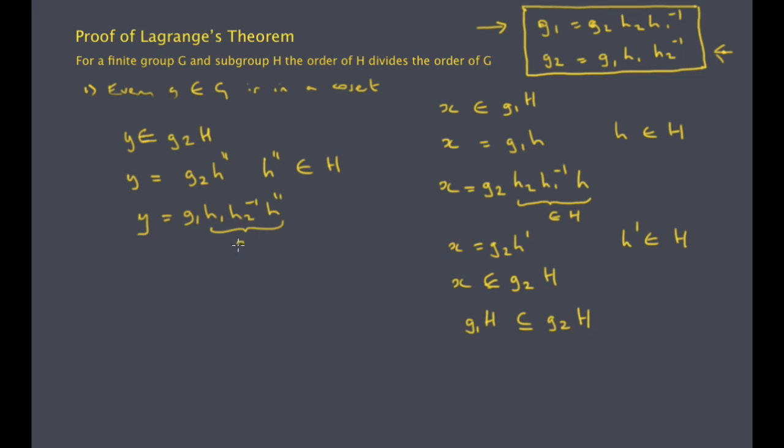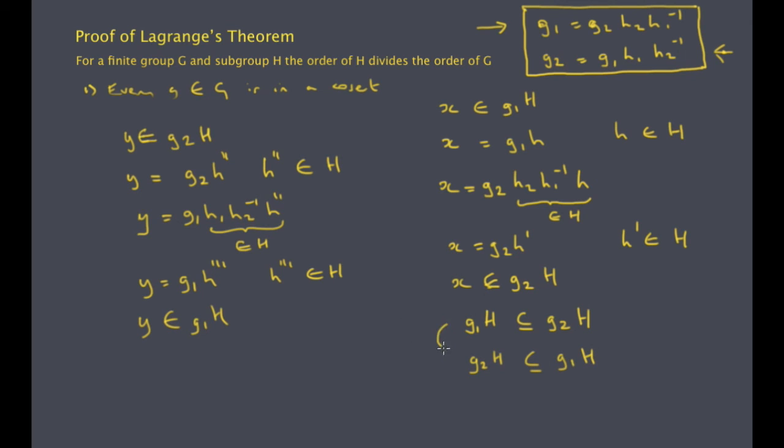All these are elements of H, and so the product is an element of H. So we have y equals g1 h triple prime now, which means that y is in the g1 coset. But of course it was already in the g2 coset, so this gives us that the g2 coset is a subset of the g1 coset.